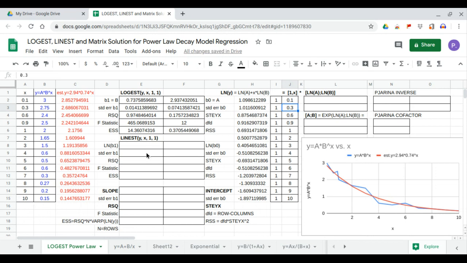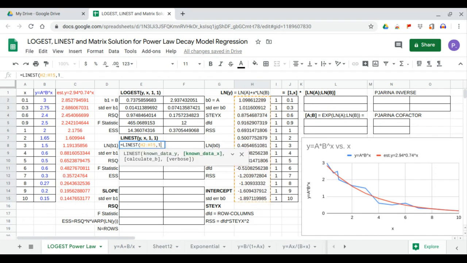Now we can use the LINEST because we have transformed the dataset into the linear form. We have LINEST of data y and data x, and we show the full statistics.